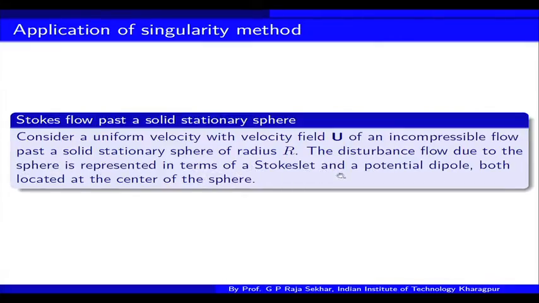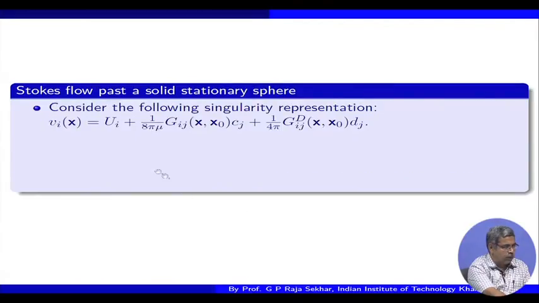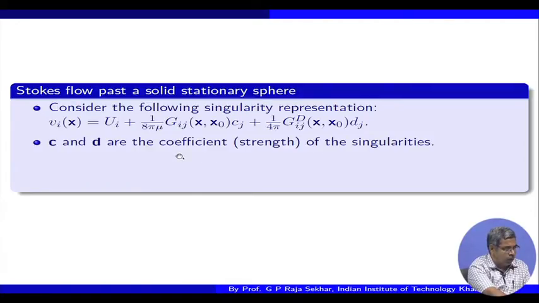The disturbance flow due to the sphere is represented in terms of a Stokeslet and a potential dipole that we have already discussed, which means the far field flow is uniform, then a Stokeslet and a potential dipole. Okay. The tensor notation is slightly difficult, but this is just to give you an idea. Now, C and D are the strengths of the singularities, that means, C bar is the strength of the Stokeslet, D bar is the strength of the potential dipole.